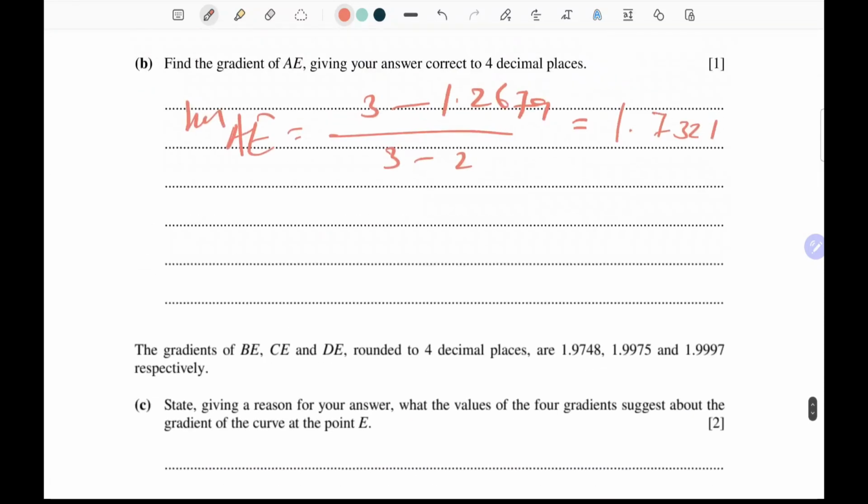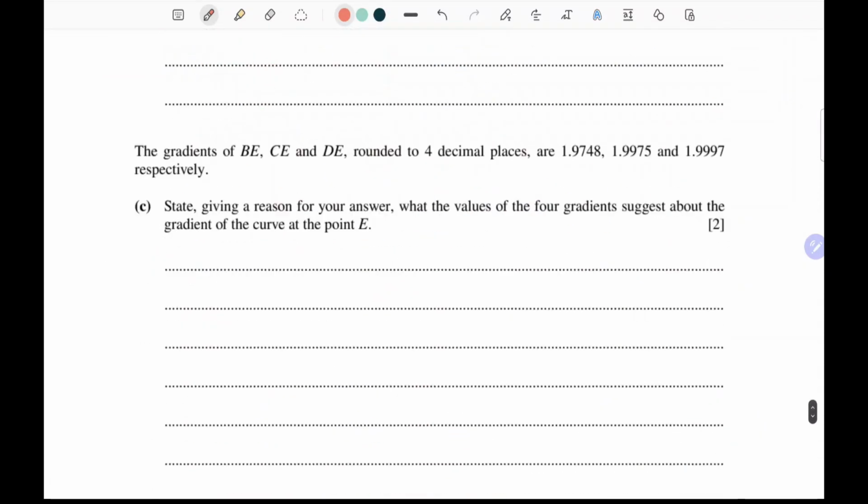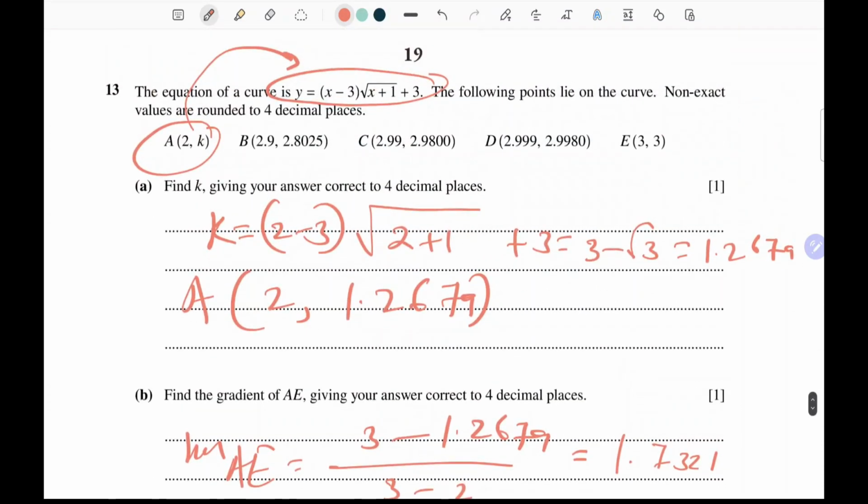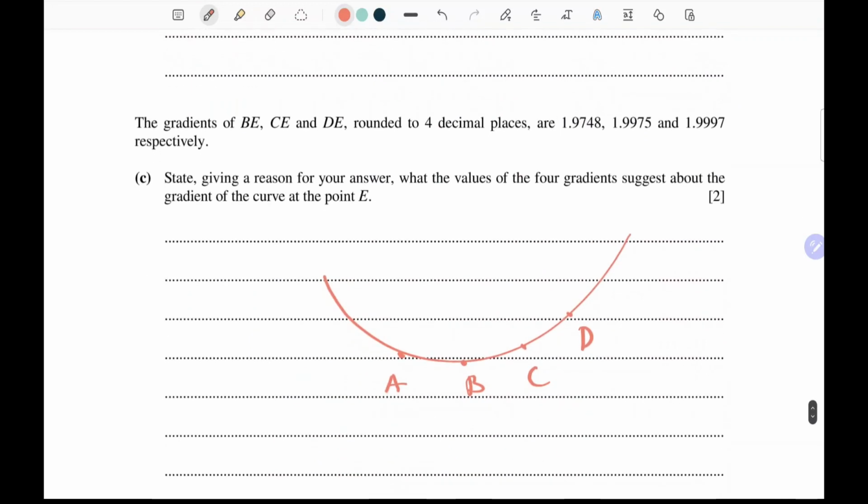Actually, this curve we don't have, so I am taking a rough idea of the curve. Here I'm considering A, here it is B, here it is C, here it is D, and here it is E, right?